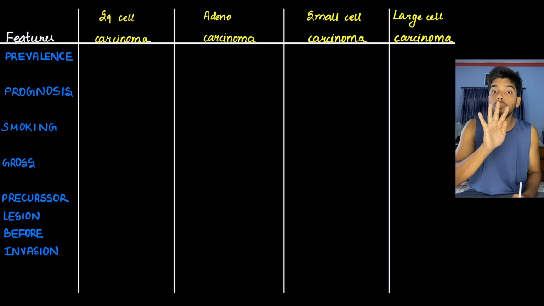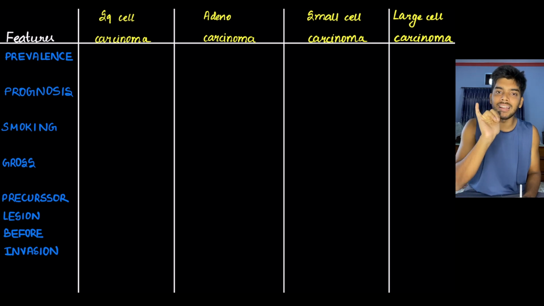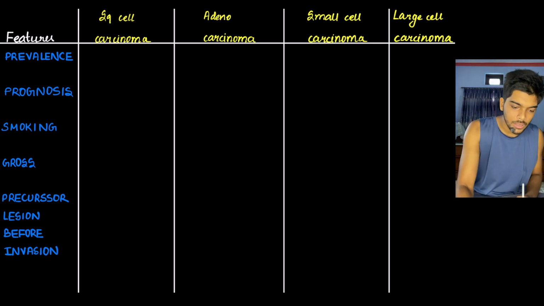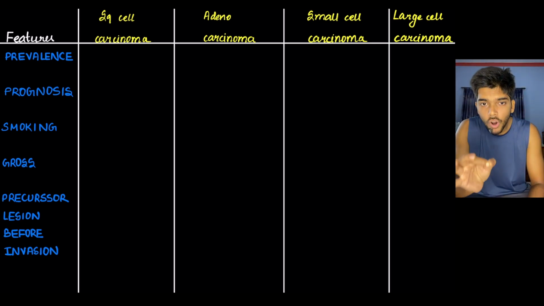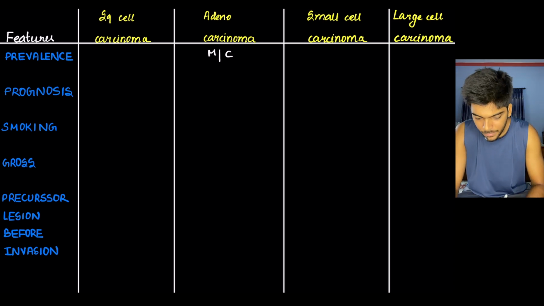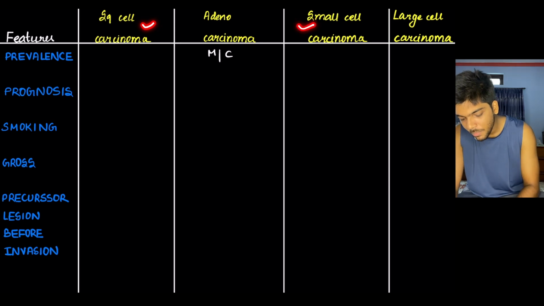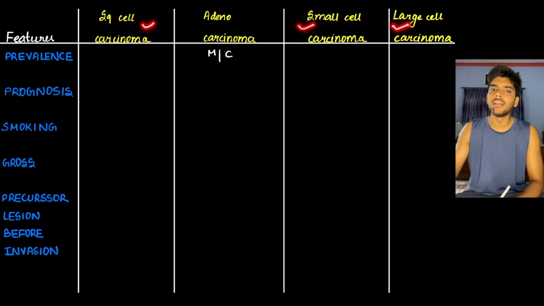First things first. What are the 4 most common or 4 most clinically significant bronchogenic carcinoma that you need to know? Squamous cell carcinoma, adenocarcinoma, small cell carcinoma, and large cell carcinoma. The most common bronchogenic carcinoma is adenocarcinoma, followed by squamous cell carcinoma, then small cell carcinoma, then large cell carcinoma, then the rest.